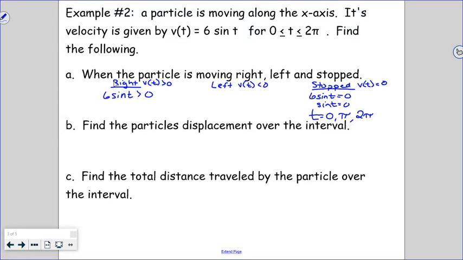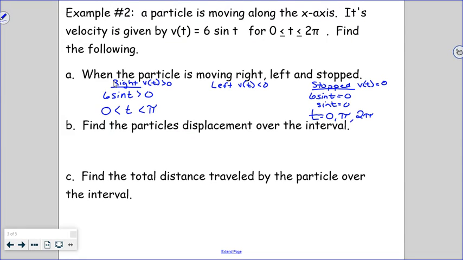When is sine positive? Or in what quadrants is sine positive? 1 and 2, right? Sine is positive in 1 and 2, which would be from 0 to pi. So I went back to what I know about my unit circle. Sine is positive from 0 to pi.